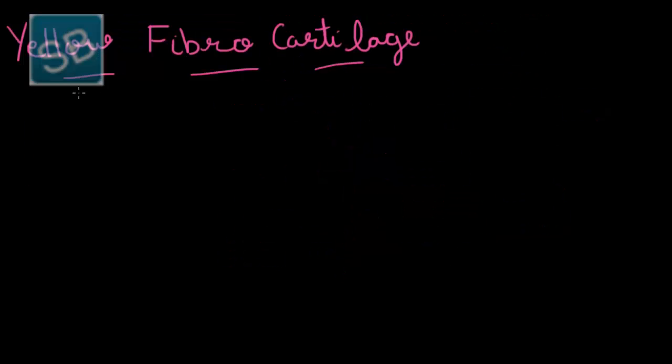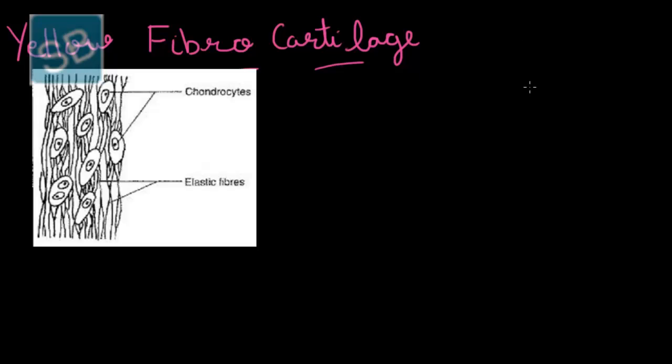The next type of cartilage tissue is yellow fibrous cartilage. This type of cartilage is the same as the white fibrocartilage, except that, as seen from the figure, it possesses elastin, that is yellow fibers, because of the presence of the pigment elastin.